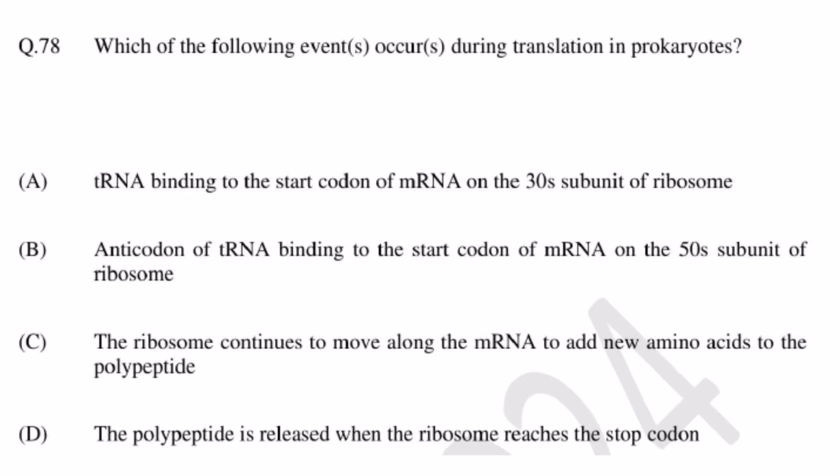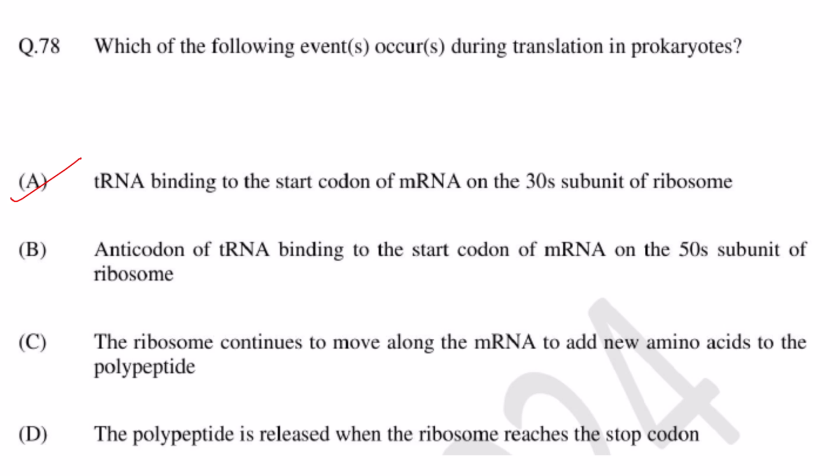Then next one. Which of the following events occur during translation in prokaryotes? A, tRNA binding to the start codon of the mRNA on the 30S subunit of the ribosome. That is correct. B, anticodon of tRNA binding to the start codon of the mRNA on the 50S subunit of the ribosome.